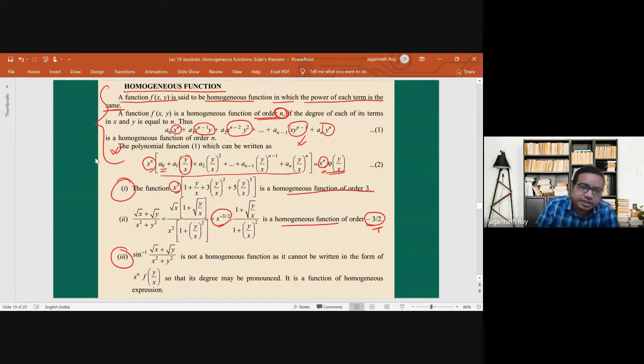But if we cannot write a function in the form x to the power n phi of y by x, or y to the power n another function psi of x by y, then it is possible to find a homogeneous function of order n. But if we cannot write it, then this will be non-homogeneous. I mean, we cannot say this is a homogeneous function.